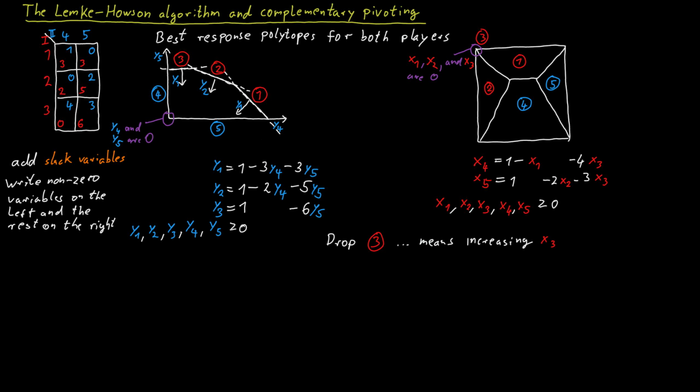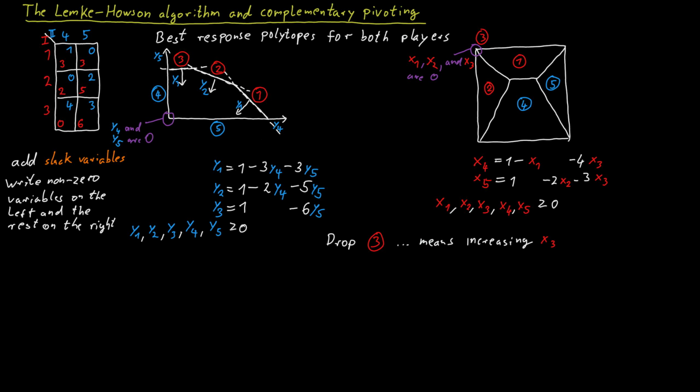The question is, how much should we increase this variable? And there's a limit on how much we can increase it, because at some point, some other variable will become 0. And if then we would continue to increase x3, this variable would become negative. And we don't allow negative variables.